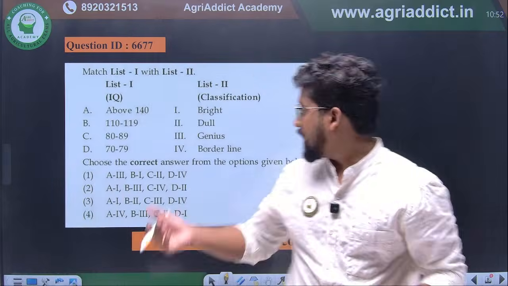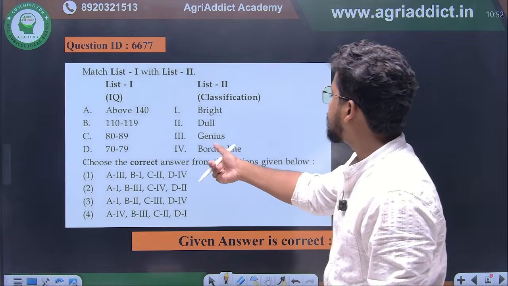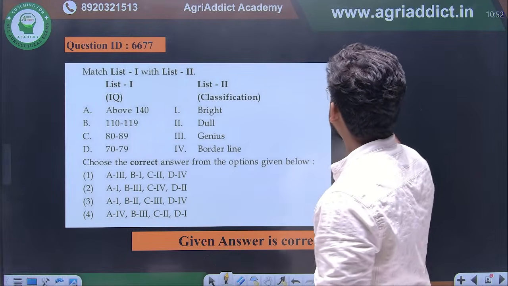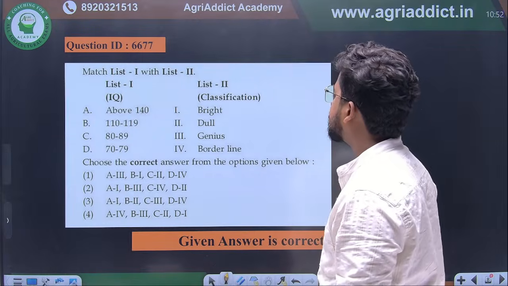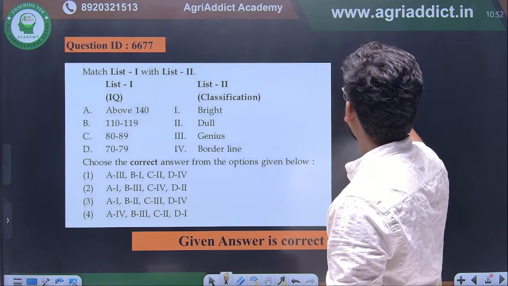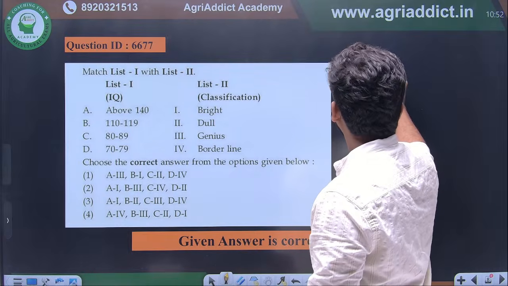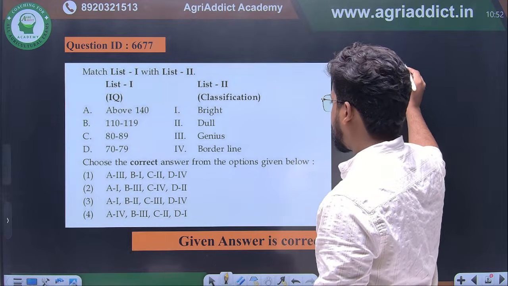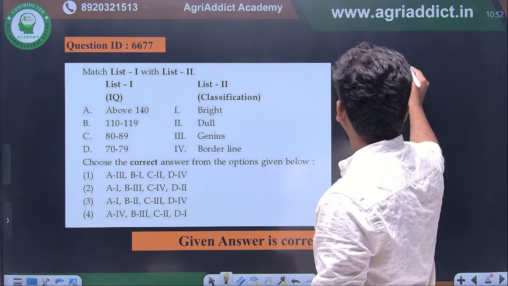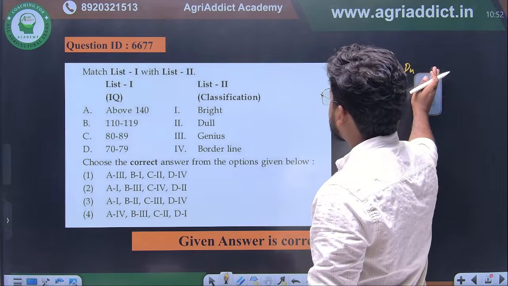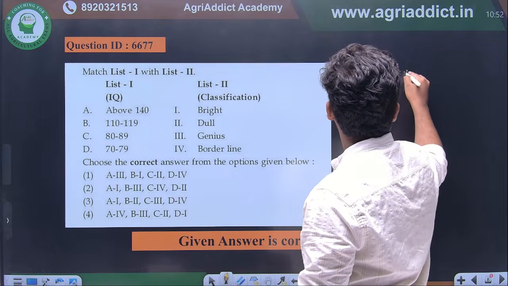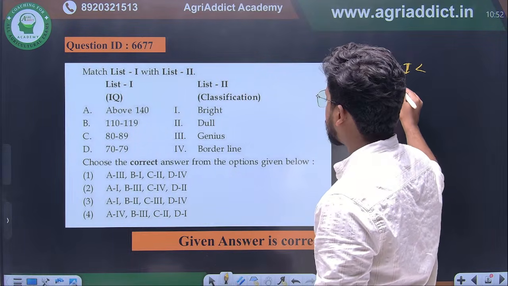So therefore we have got bright, dull, genius, borderline. I guess genius will be the highest one, right? Genius will be the highest one. Then after that bright will be there, then dull will be there, that is 2, and then after that borderline will be there.